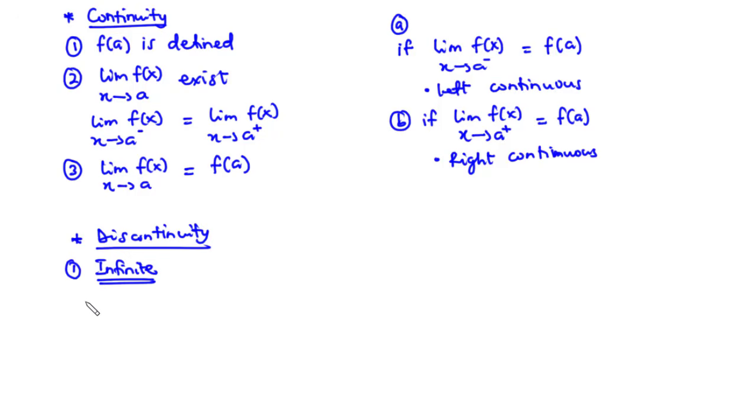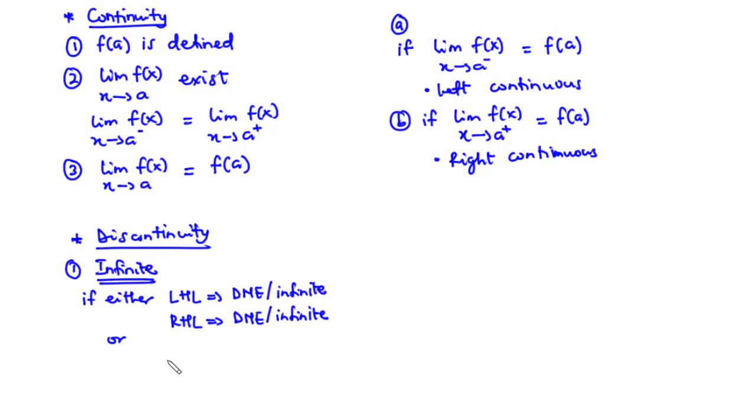Now what this primarily means is that if either the left hand limit does not exist or is infinite, or vice versa, that is, the right hand limit does not exist or is infinite, or both-sided limits, that is, the left hand limit and the right hand limit, both do not exist or are infinite.